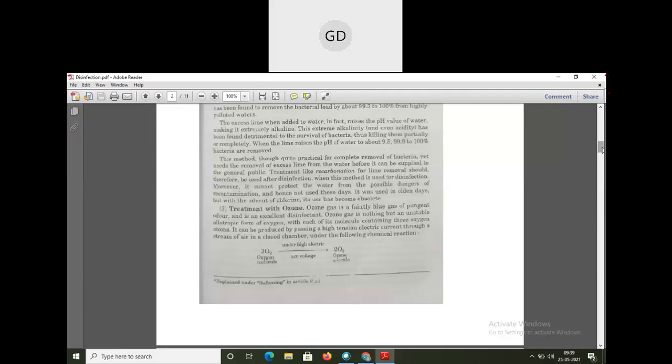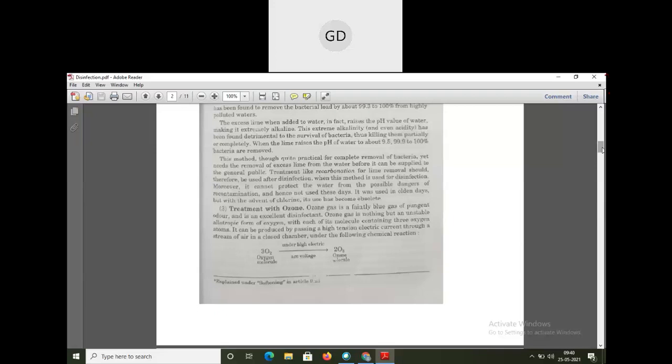The chemical reaction is 3 O2 giving 2 O3.